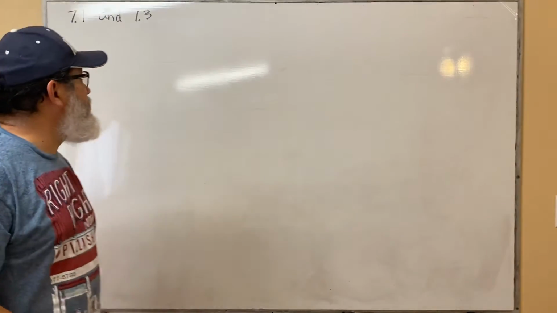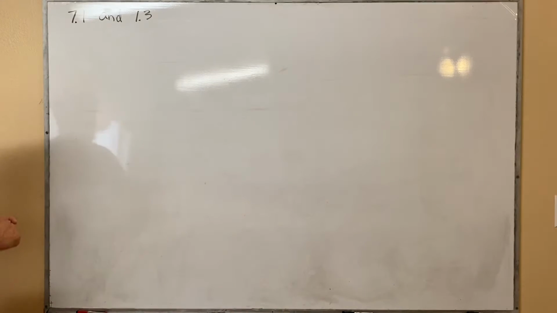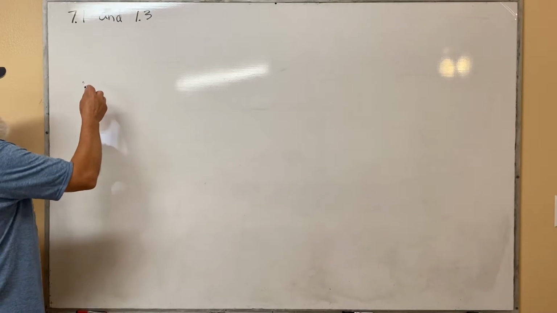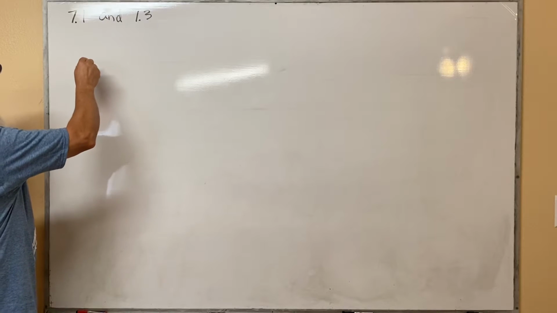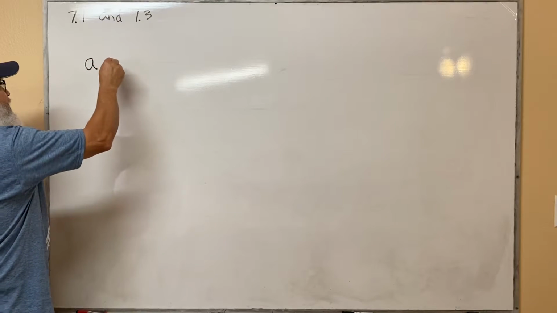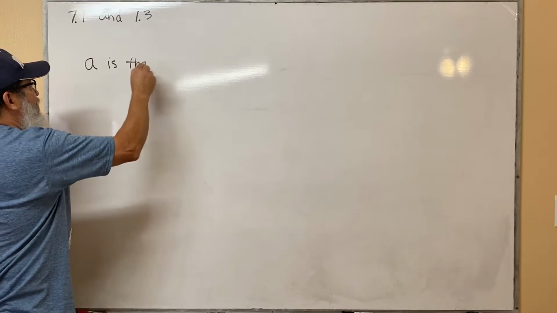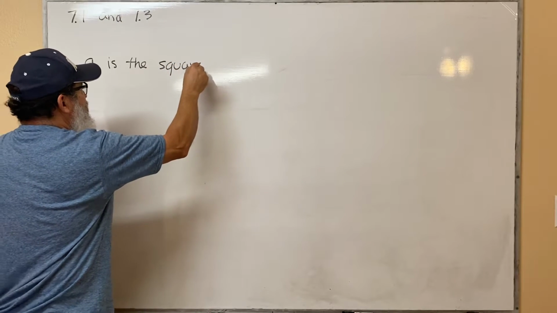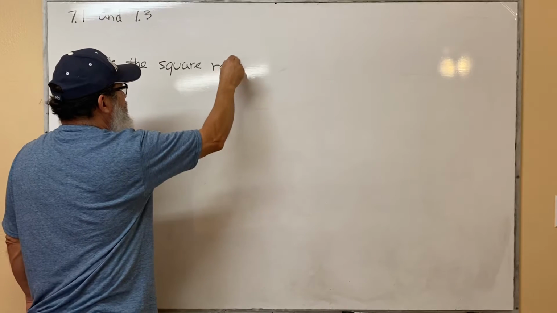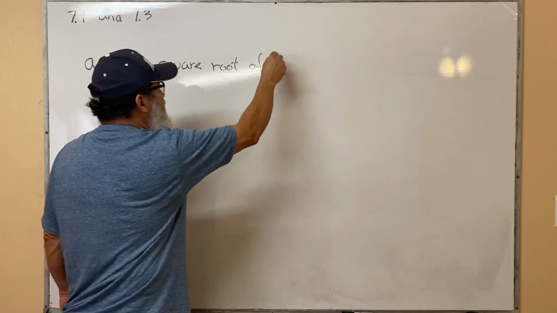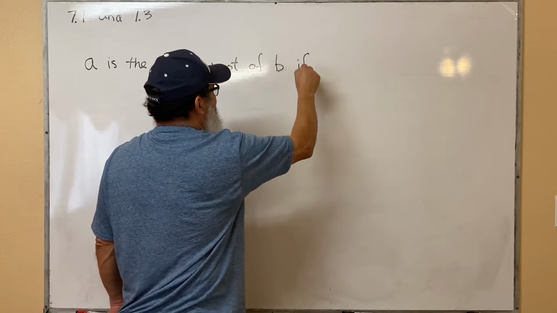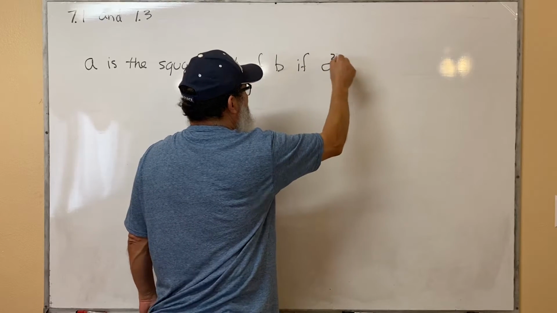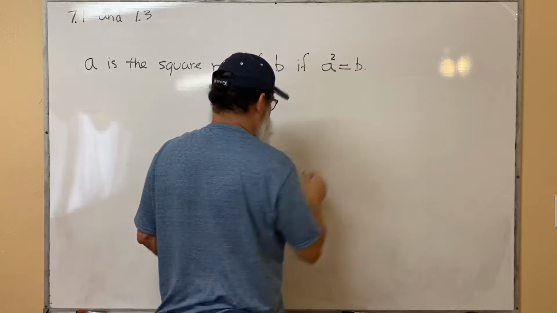All right. In 7.1, let's first say the following statement. A is the square root of B if A squared equals B.